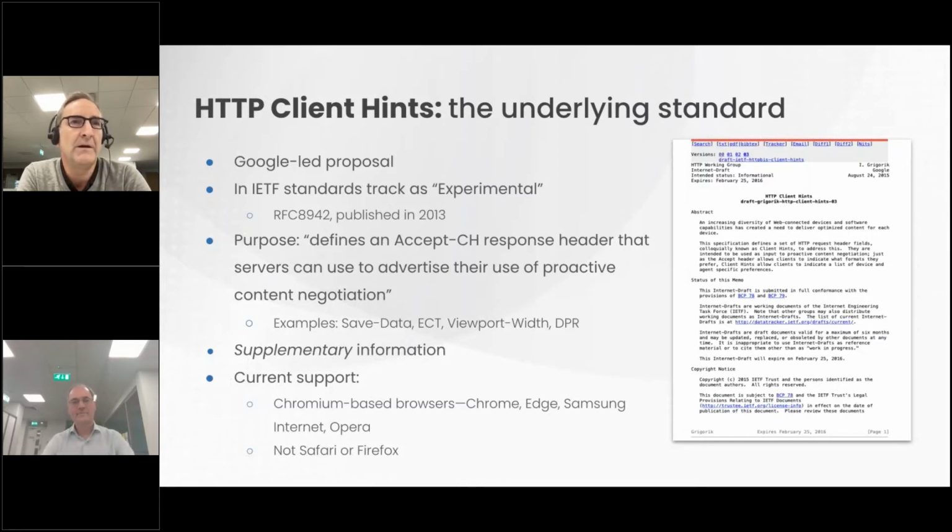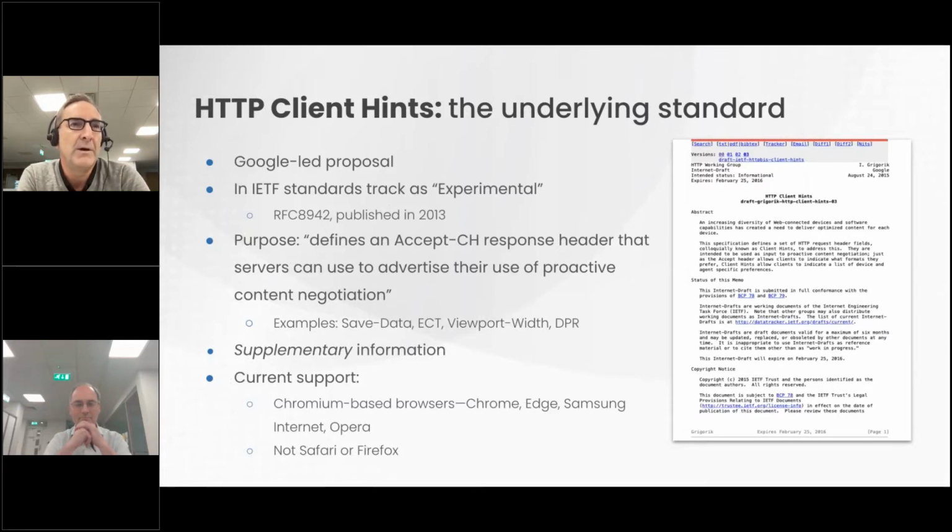So this is the underlying standard behind user agent client hints. This standard was proposed in the Internet Engineering Task Force, and thus is tracked in the request for comment process. You can see it there on the right. So this has been iterated ever since, and is an established standard these days.